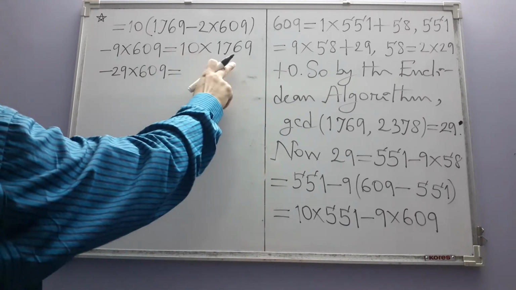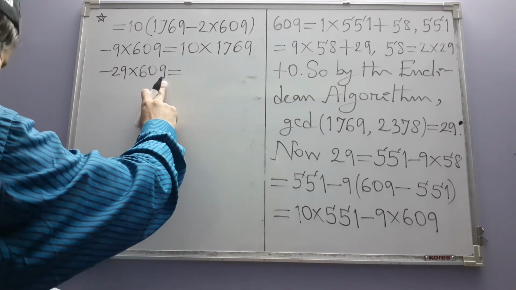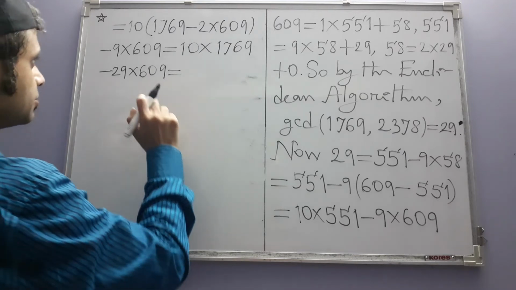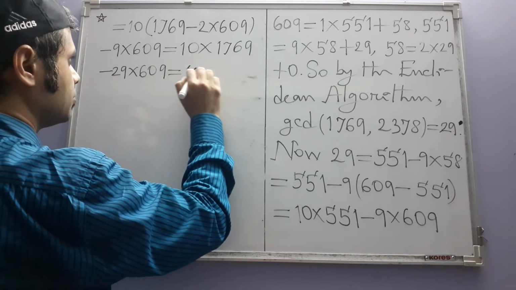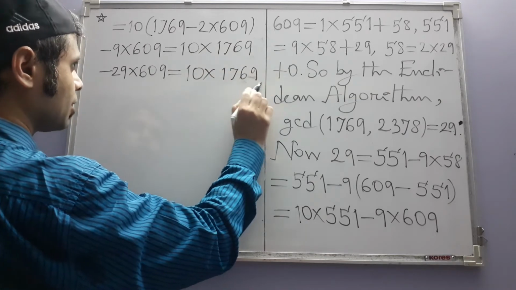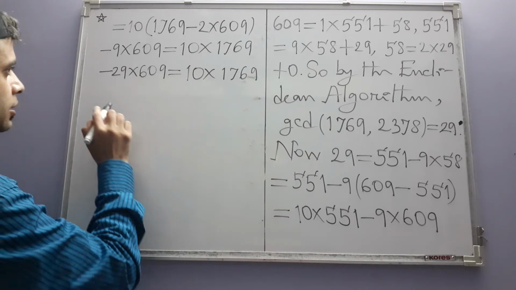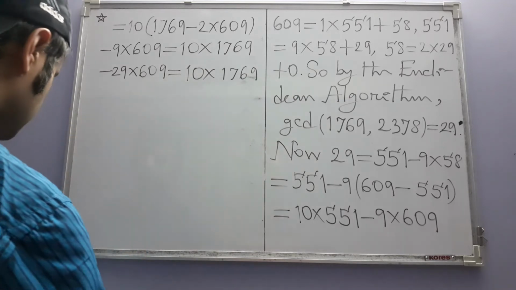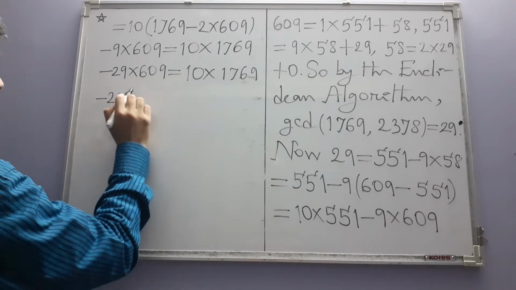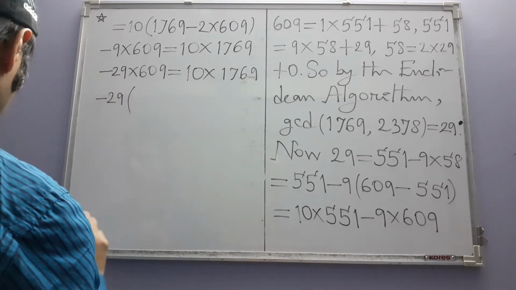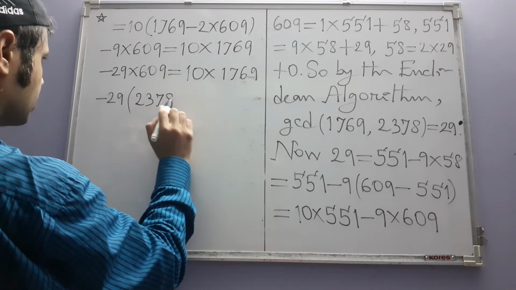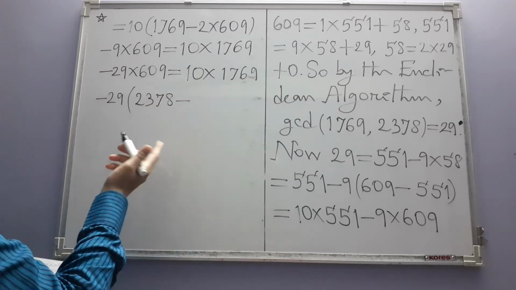Now here we need to replace finally the remainder 609 with this. So 10 times 1769 will remain as it is, because 1769 is one of the two integers of which we are finding the GCD, and minus 29 times, in place of 609 we are going to write 2378 minus 1769.